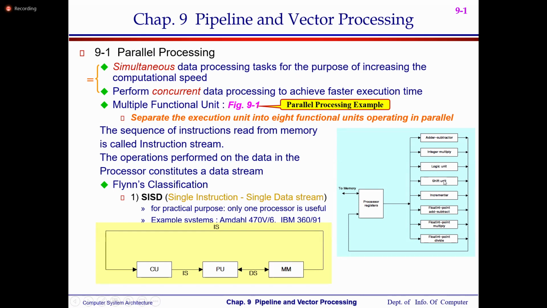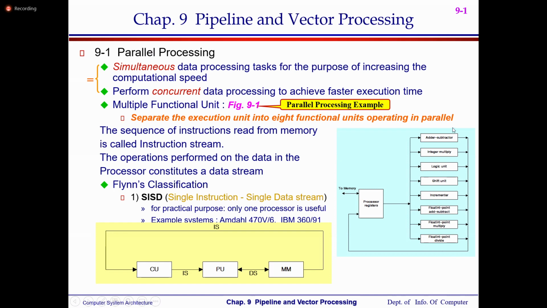Shift micro operations: right shift, left shift, circular right, circular left. Incrementer means increment by 1. Now for a fractional number, I have to perform addition, subtraction, multiplication, division. Floating point means it is a fraction. So for fractional numbers, I perform these operations using these 3 blocks.